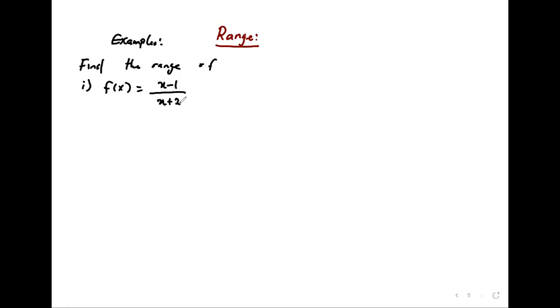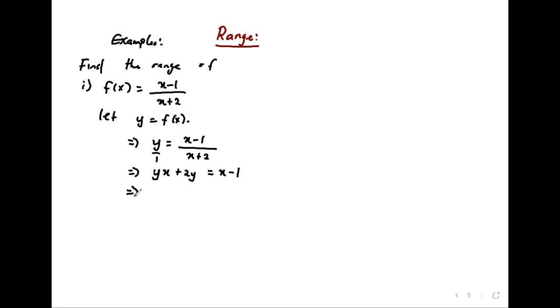So whenever they ask us to find the range of f, what we'll do is we would let y be f, implying that y is equal to x minus 1 over x plus 2. Cross multiply, we have yx plus 2y is equal to x minus 1. What does this mean? This means that we must now solve for x.